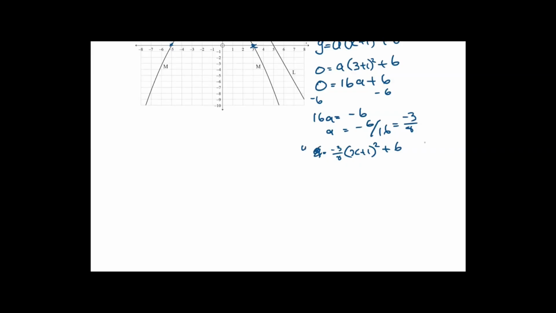It's not going to be x, it's going to be y, isn't it? y is going to be equal to negative 3 over 8 times x plus 1 squared, plus 6.